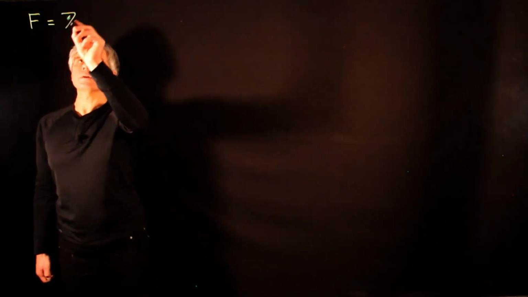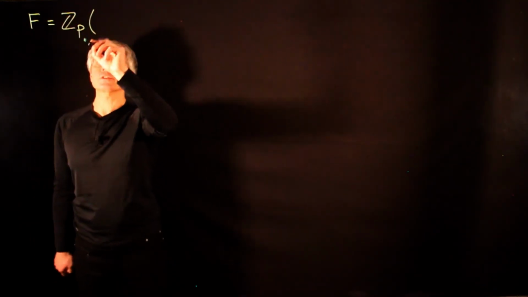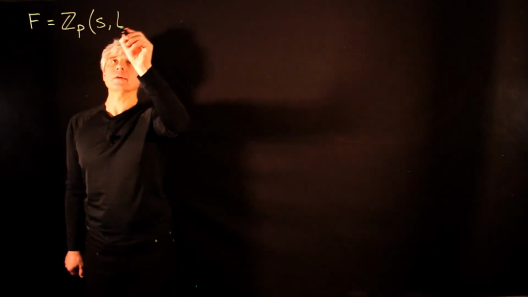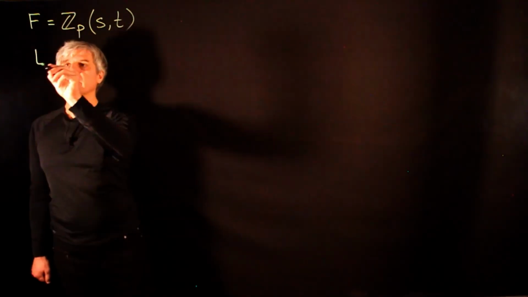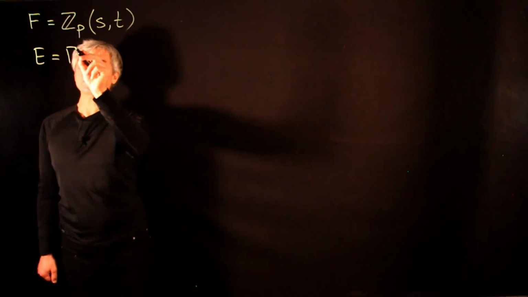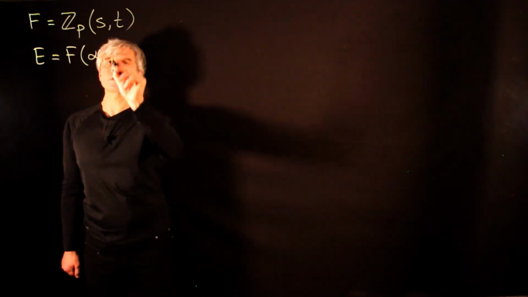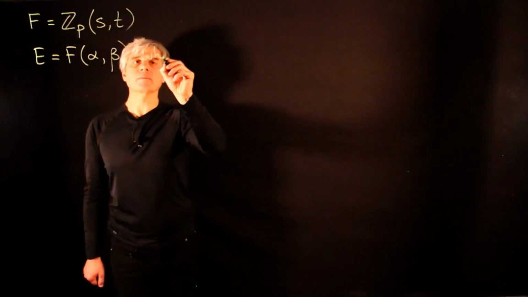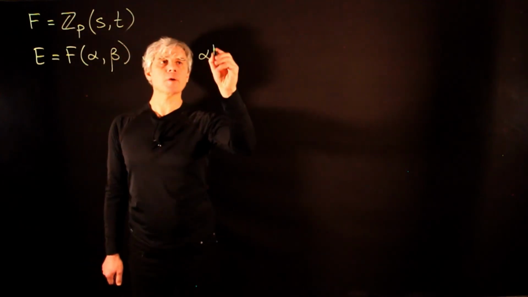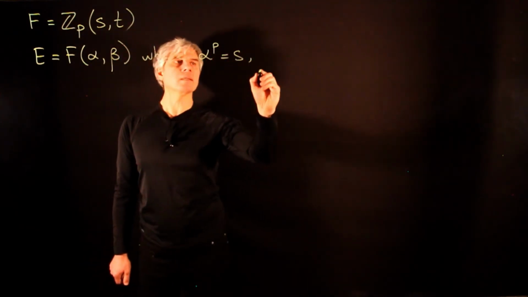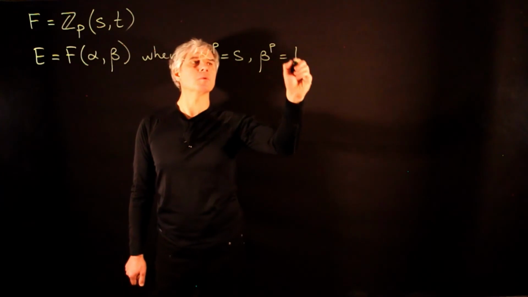Again, as our base field, we take the field of rational functions over Z_p in two variables, and we take as E its extension with elements alpha and beta, where alpha to the power p is equal to s and beta to the power p is equal to t.